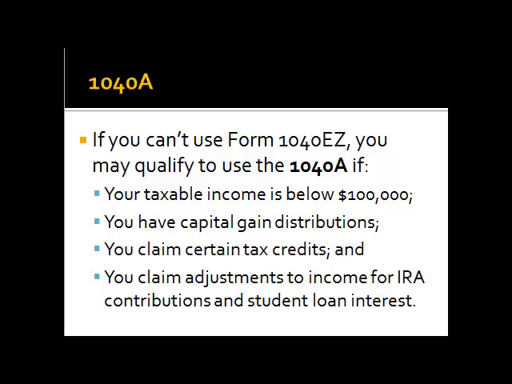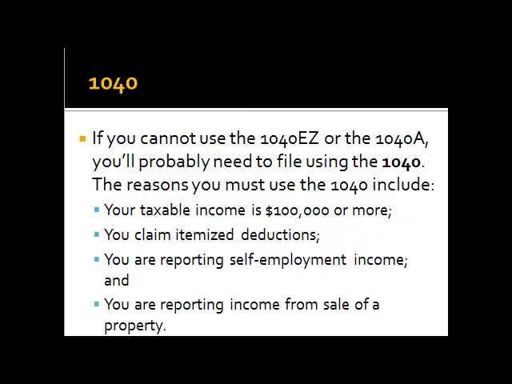If you can't use Form 1040-EZ, you may qualify to use the 1040-A. If your taxable income is below $100,000, you have capital gains distributions, you claim certain tax credits, and you claim adjustments to income for IRA contributions and student loan interest.